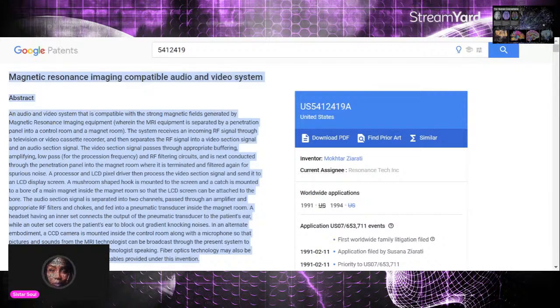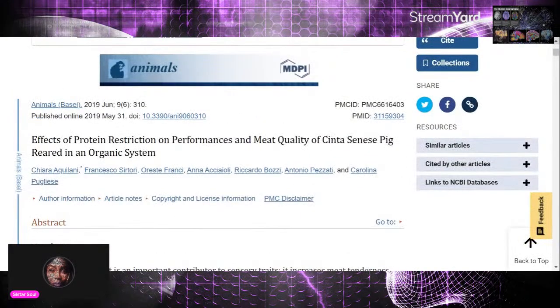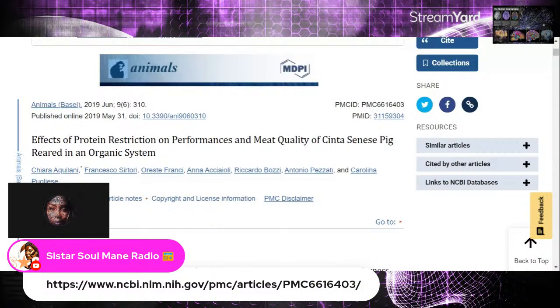It shows the effects of protein restriction on performance and meat quality, having to do with the fat. Now, I talked to you guys about the crystalline, right? You know when they talk about protein, you guys trying to build muscle with certain protein, it's really fat, guys. It's animal fat.